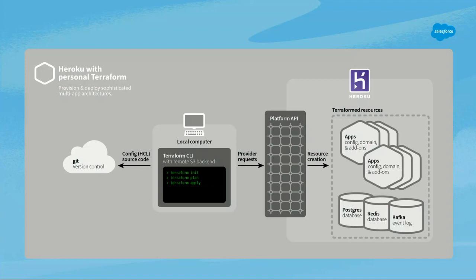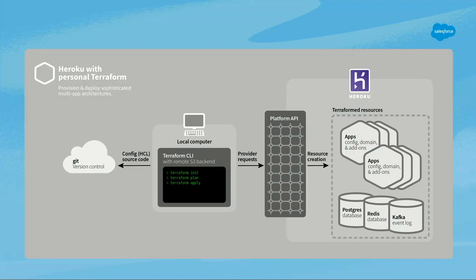We store our configuration source code in GitHub. And from our local computer, when we run these commands, Terraform actually talks directly to the provider APIs. In our case, we're talking about Heroku. So when you run Terraform apply, your computer is talking to Heroku, doing all the configuration, provisioning these things.